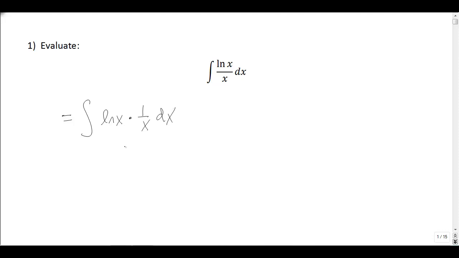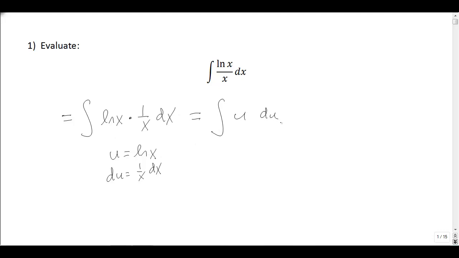Then what I can do is let u equal natural log of x, and then du is 1 over x dx. Well, then I've got my 1 over x dx sitting right here. And so with the substitution, natural log x is u, 1 over x dx, that's du.